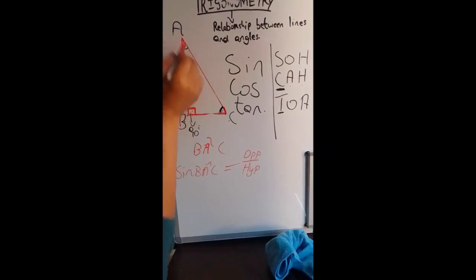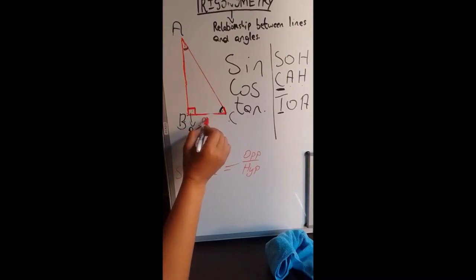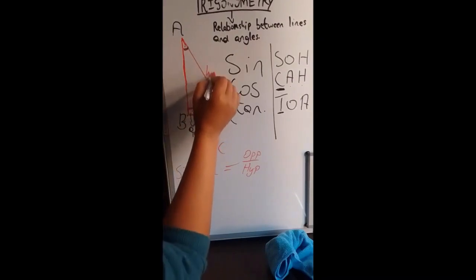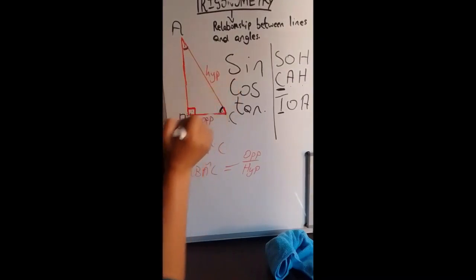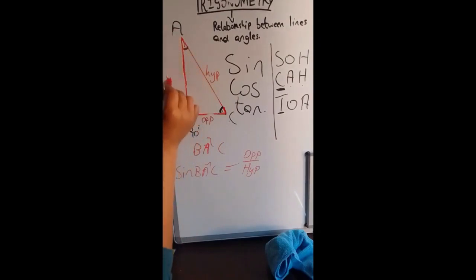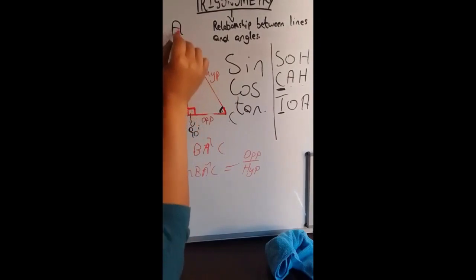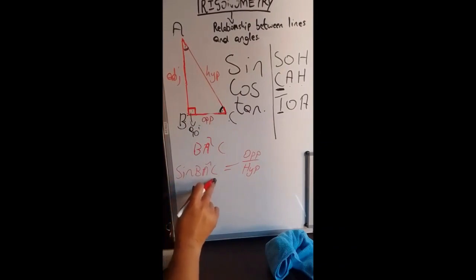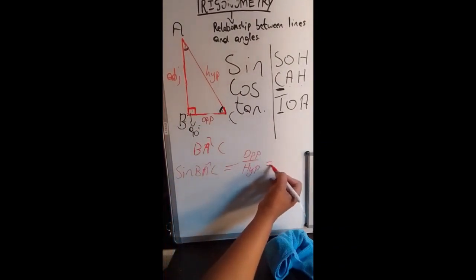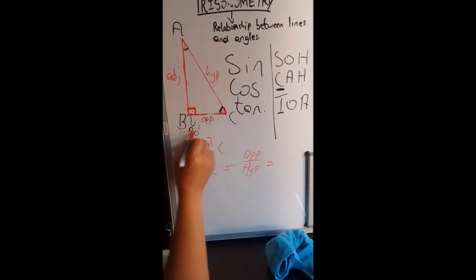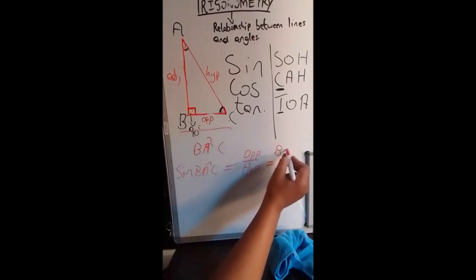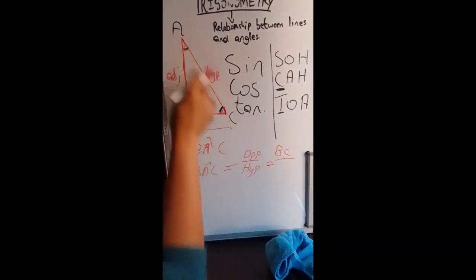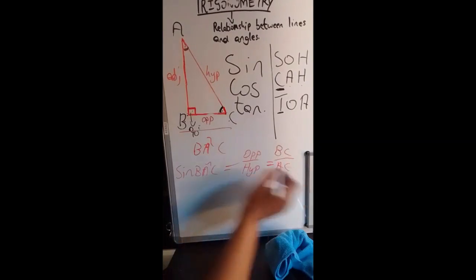So BAC is this angle over here. Its opposite side is BC. Hypotenuse is always the side that is facing the 90-degree angle. So that means the sine of BAC will be equal to opposite, which is BC, over the hypotenuse, which is AC.